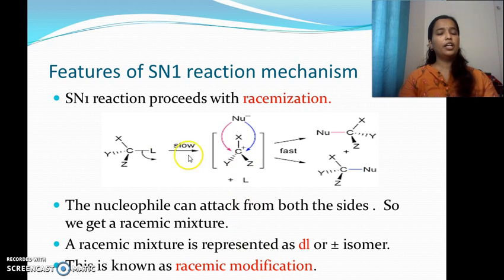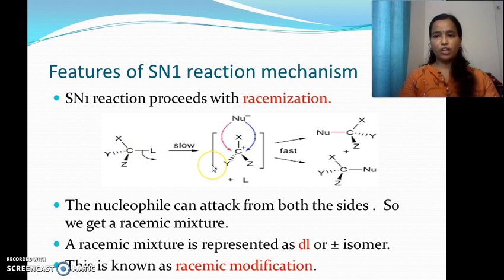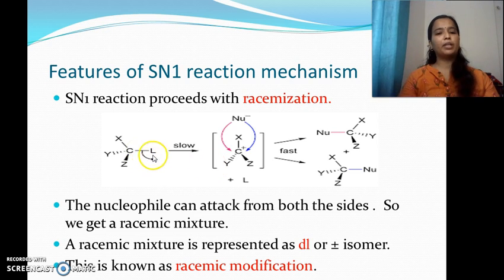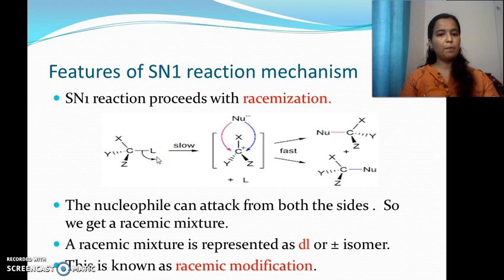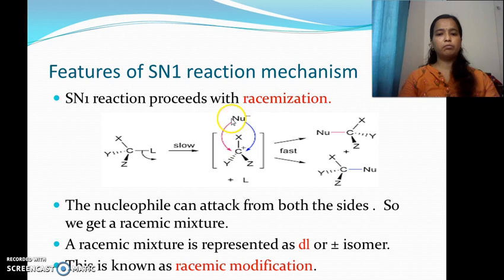This is because in the case of SN1 mechanism, the first step is the formation of carbocation and the carbon halogen bond is completely broken. So that space is vacant. The incoming nucleophile can either attack from this back side, which is also free, or it can attack through the front side where there was a carbon halogen bond.